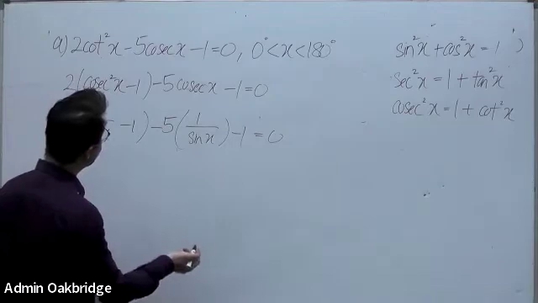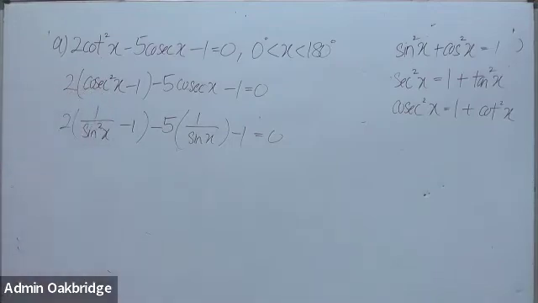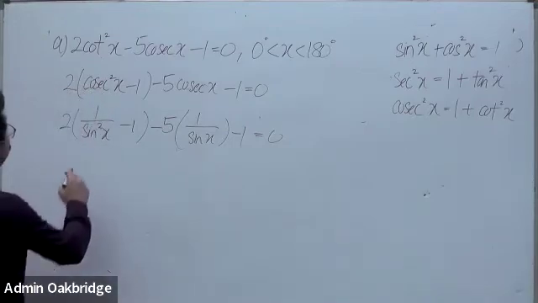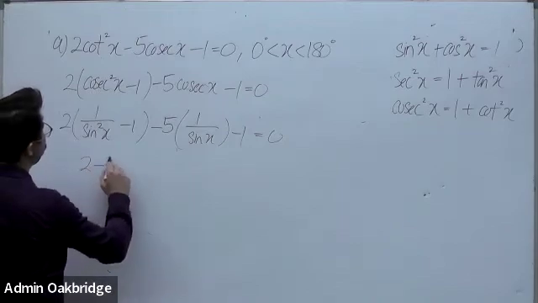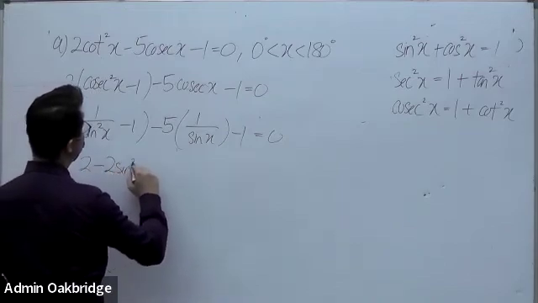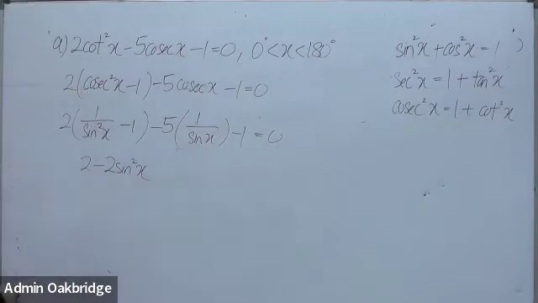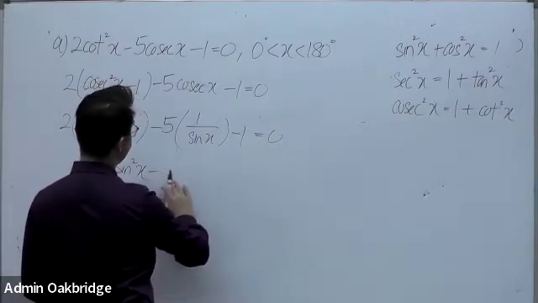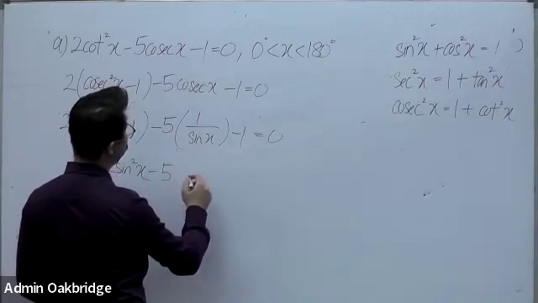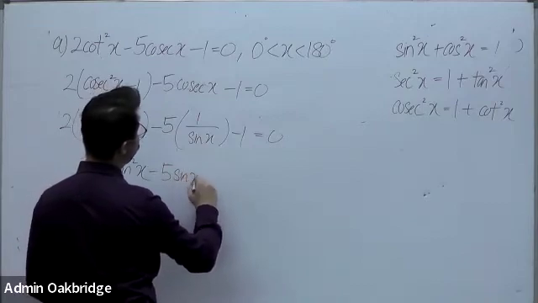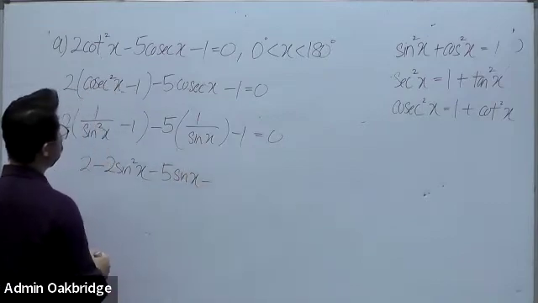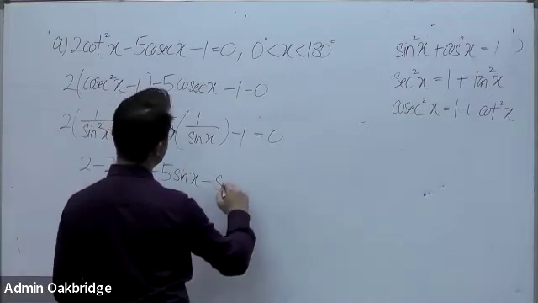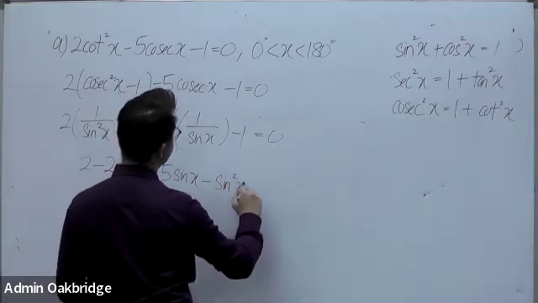So when you times sine square, what happened? 2 minus 2 sine square, minus 5 sine x, minus sine square x.